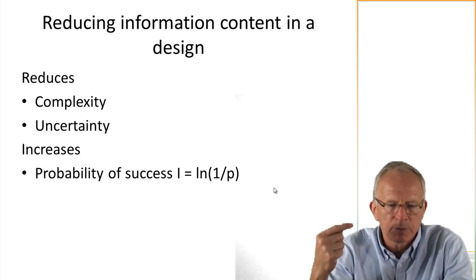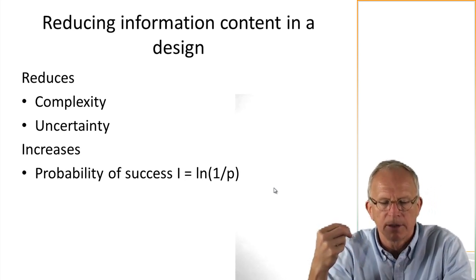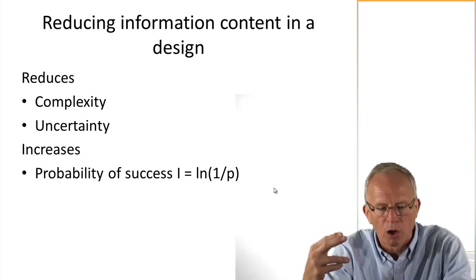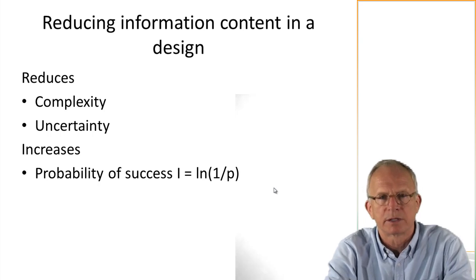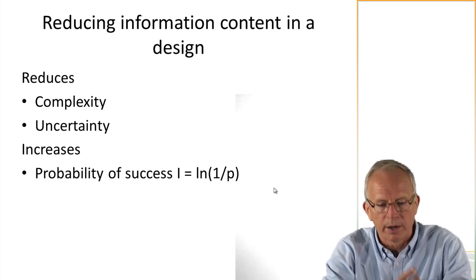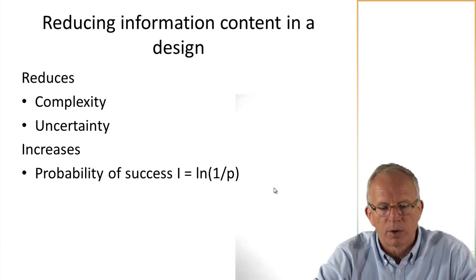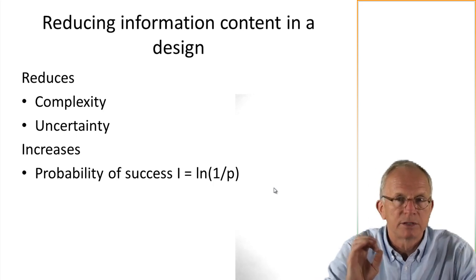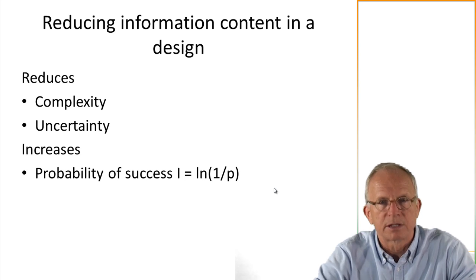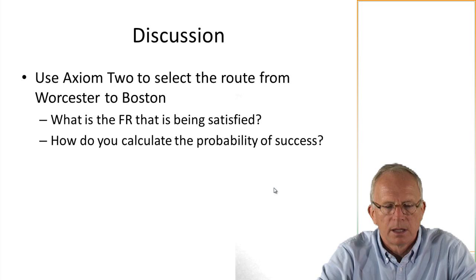And if we reduce the information content, that's going to increase the probability of success. And so we can quantify the information as information is equal to the log of 1 over the probability of success. So, if the probability of success were 1, then 1 over 1 is 1, and the log of 1 is 0. So that would mean there is no information content, and the probability of success is essentially 100%.